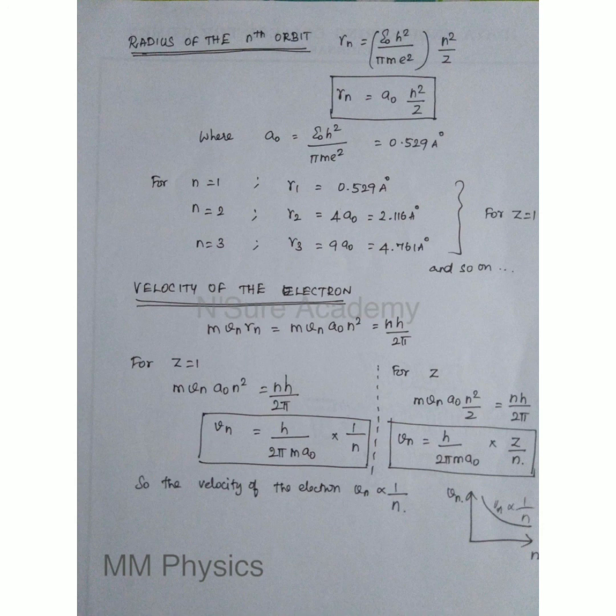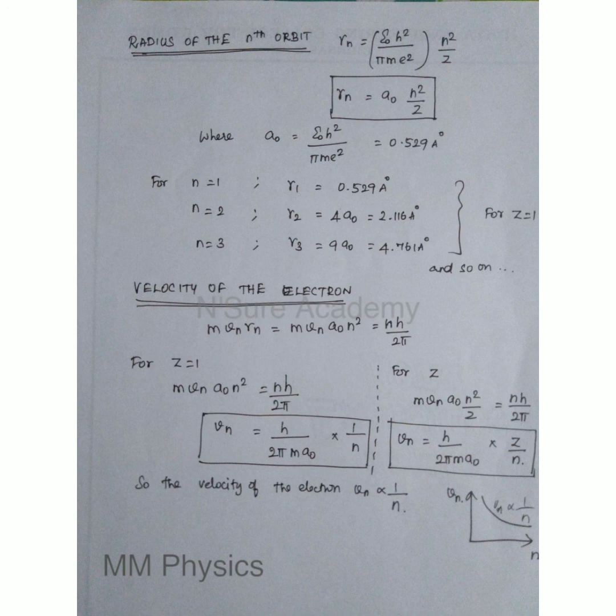For Z other than the hydrogen atom, we need to take m vn a0 into n square divided by Z, because in the first equation we considered Z equal to 1. Now we take the Z value as it is and equate that to nh divided by 2 pi. From that we get vn equals h divided by 2 pi m a0 into Z divided by n.